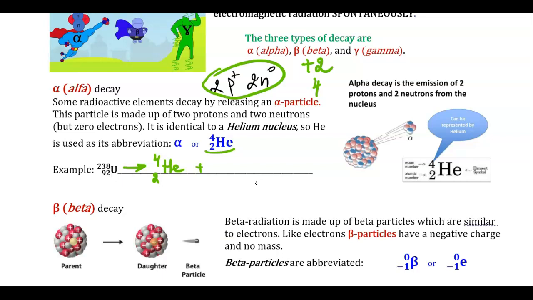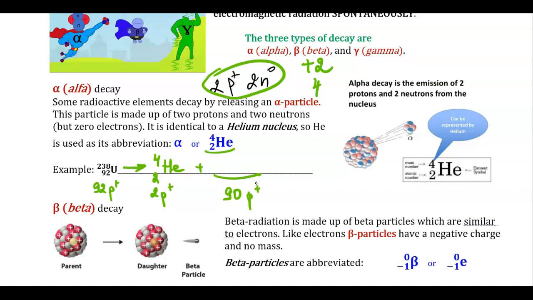So if here we have atomic number 92, that means that we have 92 protons in this nucleus. Here already 2 protons because it's alpha decay. So the particle which is created in this reaction has 90 protons.